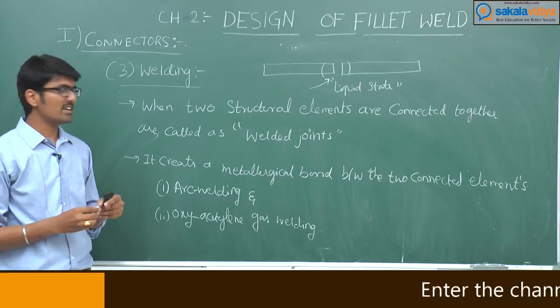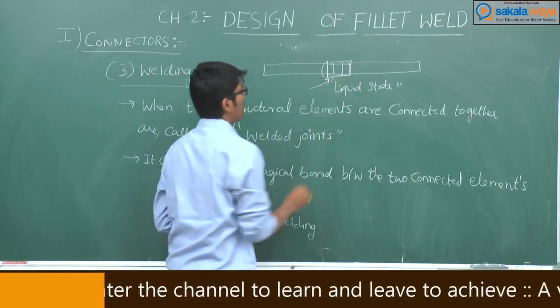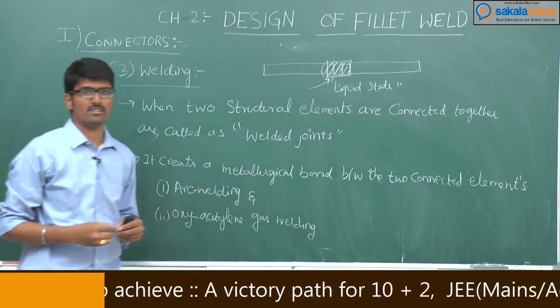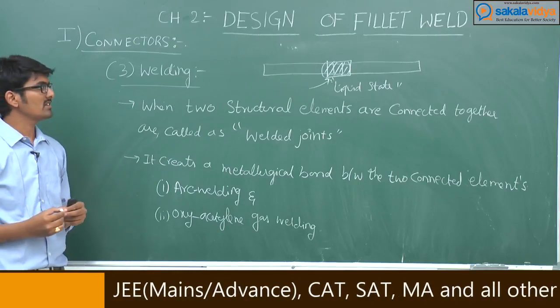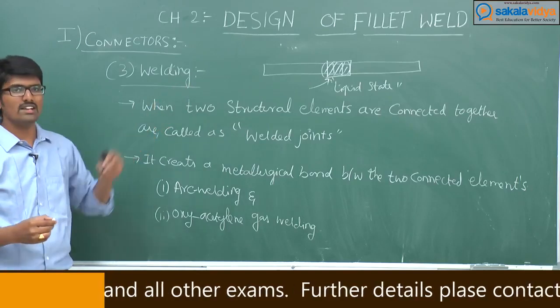When it is in a liquid state, we can easily join them together. After cooling, it attains a bond. After it attains its solid state, it becomes strong, and the two metal plates are joined together. This process is called welding.